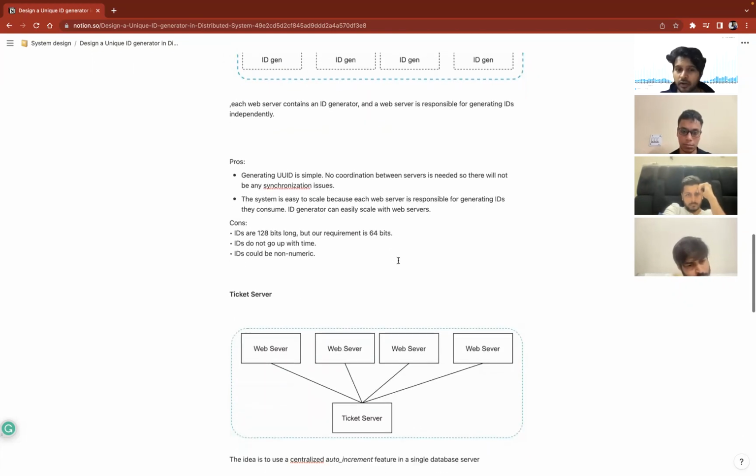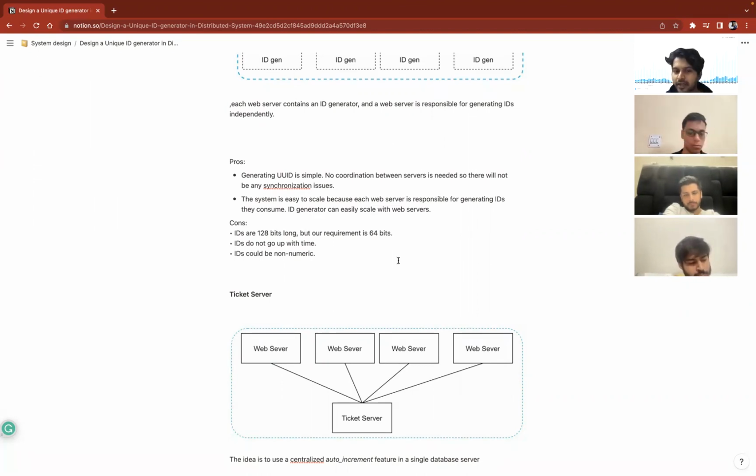A couple of cons for the UID system: first, it is 128 bits long. That's double the size that you were targeting earlier. 64 bits is okay, and 128 is a little long. And it doesn't go up with time. That means you cannot use a UID for sorting or for making sense in terms of timestamp, like when this information was generated.